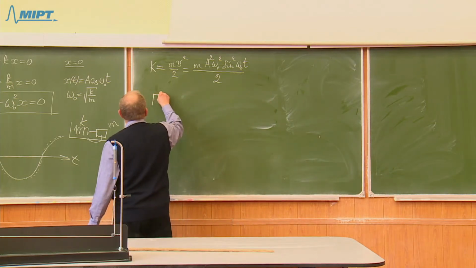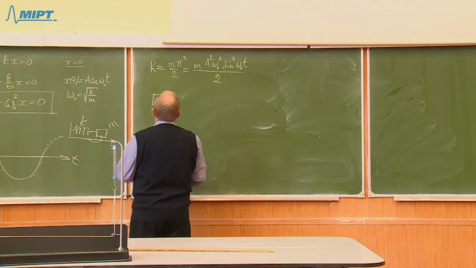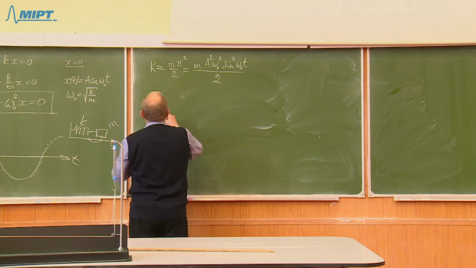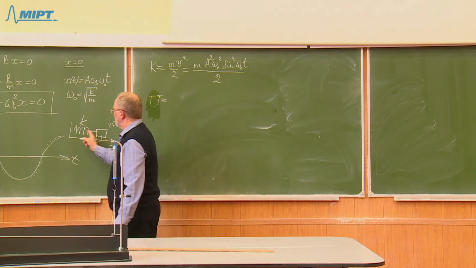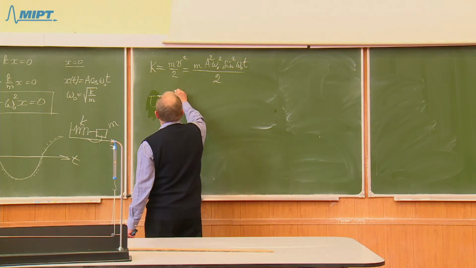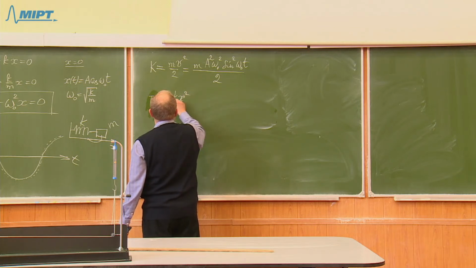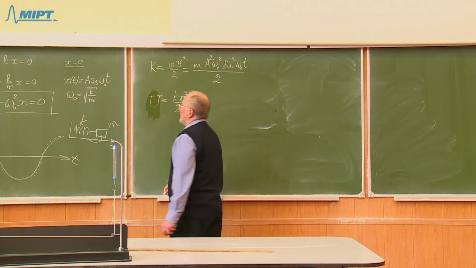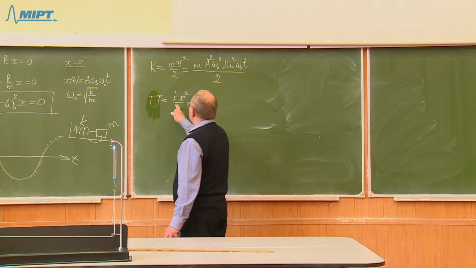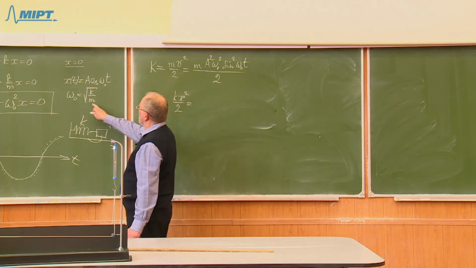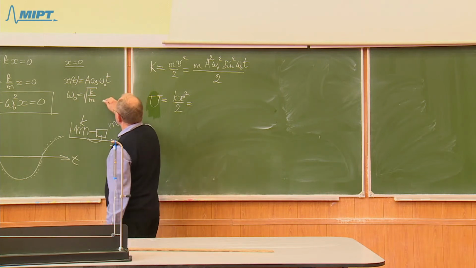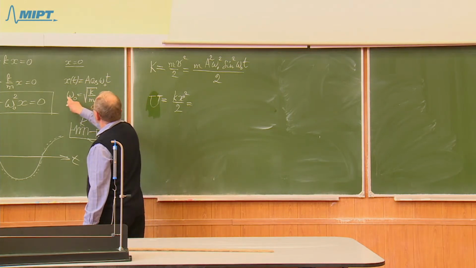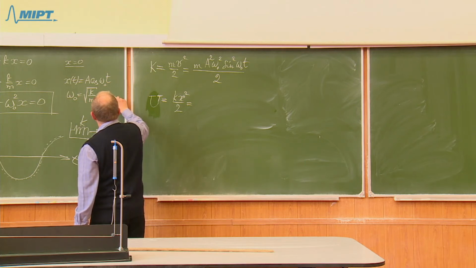What will be the potential energy? The potential energy, let it be denoted by U, for example. The potential energy of the spring is kx squared over 2. I would like to use the expression for k from this formula, so that k will be equal to omega squared m, or m omega squared.